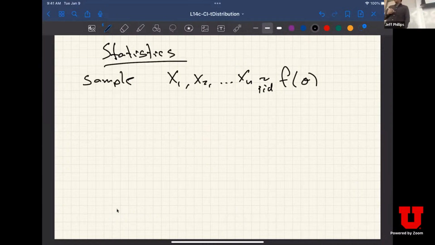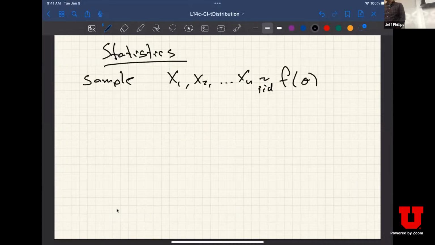We would like to try and understand something about the distribution it's drawn from. How do we understand that distribution? We'd like to say something about that parameter, theta.